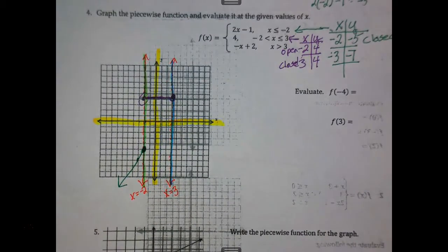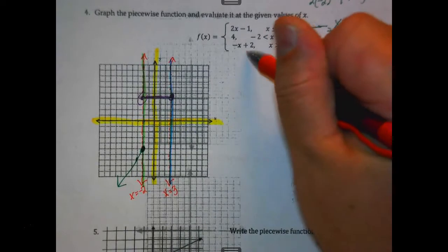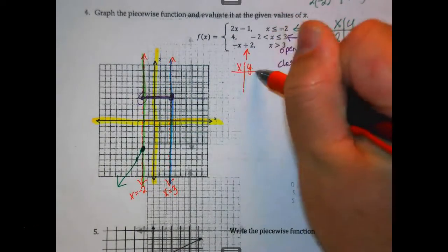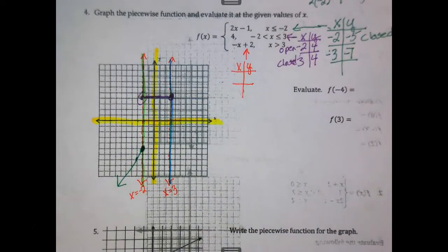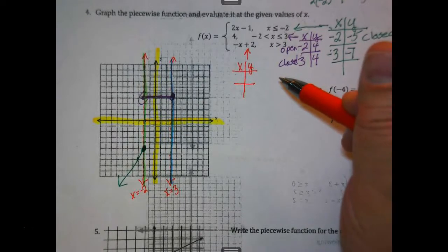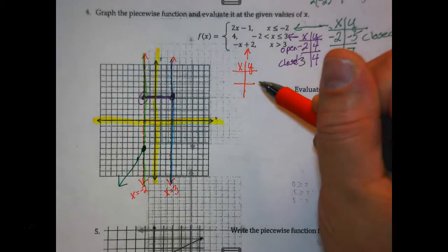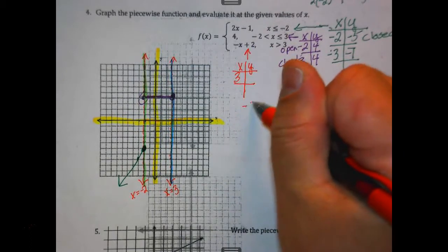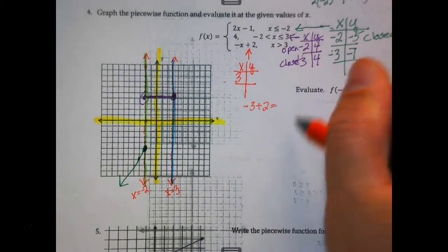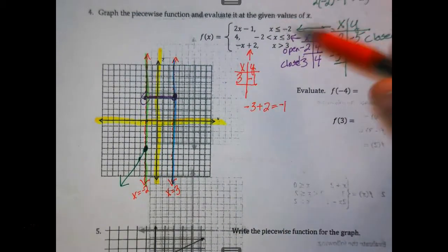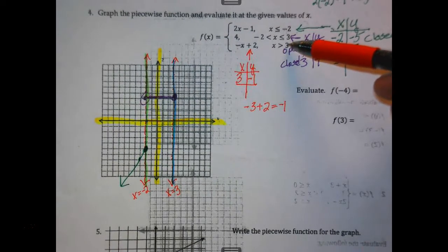And the last one? Okay, what point do I have to use for x? 3. If I plug in 3, I get negative 3 plus 2 equals negative 1. Now this one I only have one boundary line, so I need another number bigger than 3.